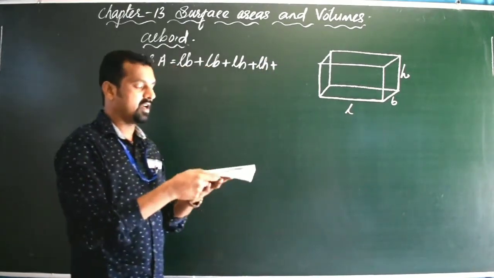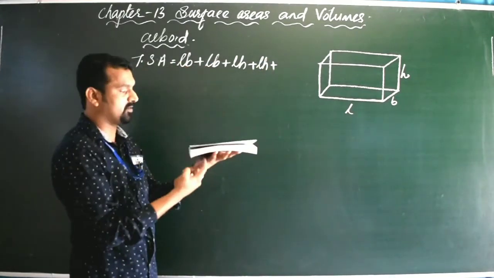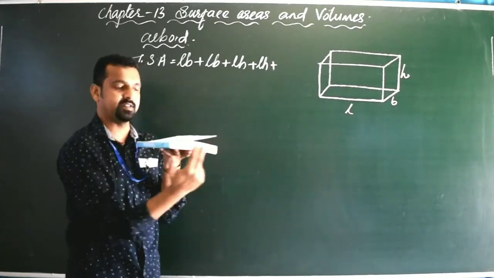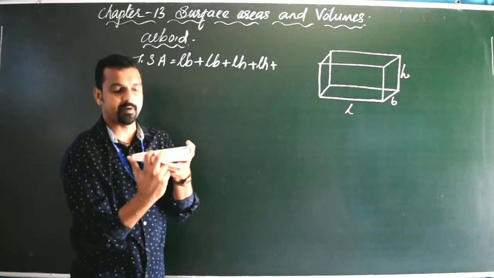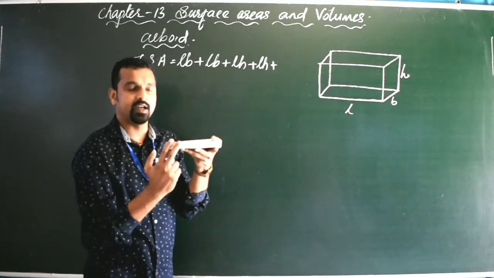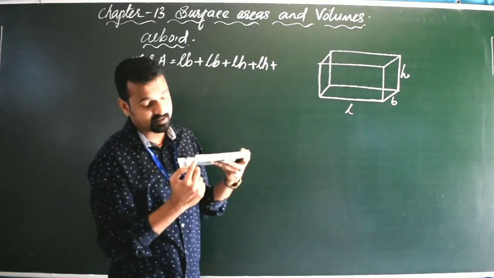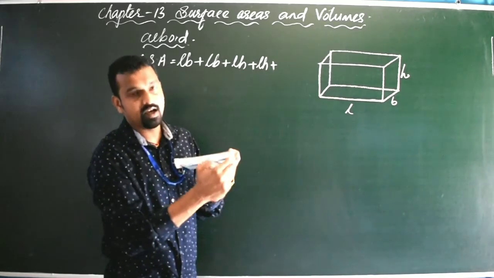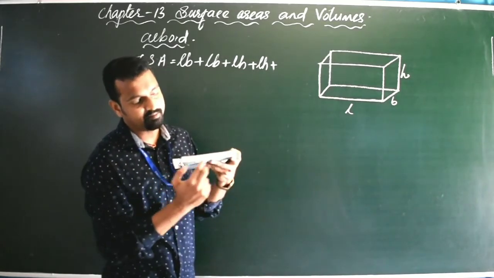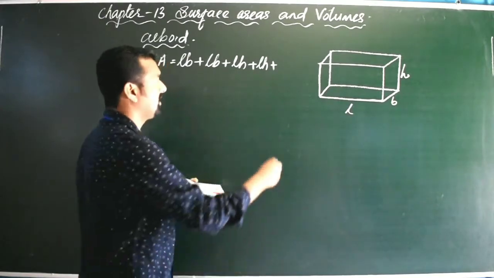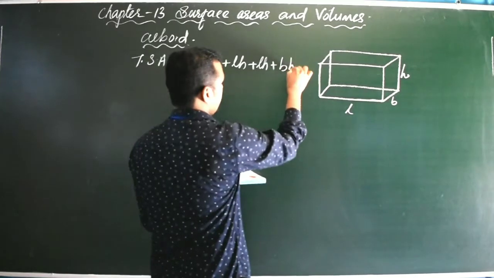Now next, the upside face we wrote, the downside we wrote, the front face I wrote, the back face also I wrote. Now this face is also in the form of a rectangle only. This one is the breadth and this one is the height, so its area will be B into H, breadth into height, that is BH, plus.